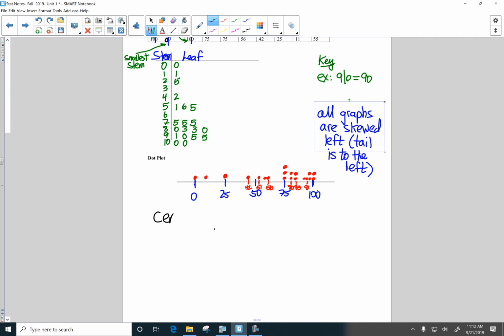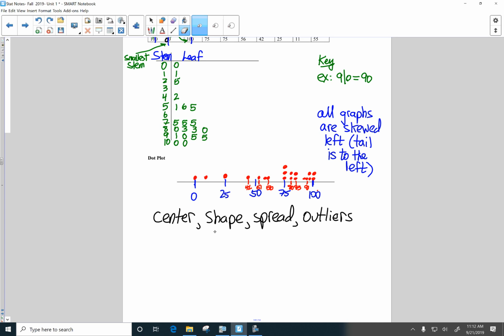Center, shape, spread, and outliers. All right, these are the 4 things that you need to address anytime you create a graph. Must be addressed.